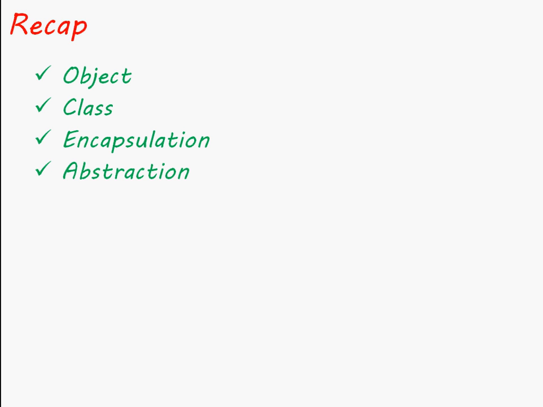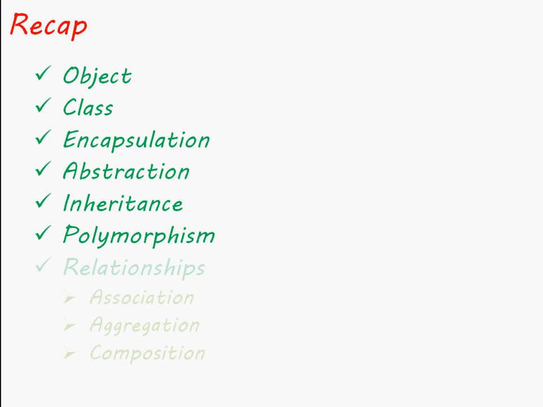Abstraction means hiding the unnecessary details or showing only the necessary details. Inheritance. As we know, it is a relationship. Polymorphism. Having multiple forms is called polymorphism. We understood different relationships: association, aggregation, composition.